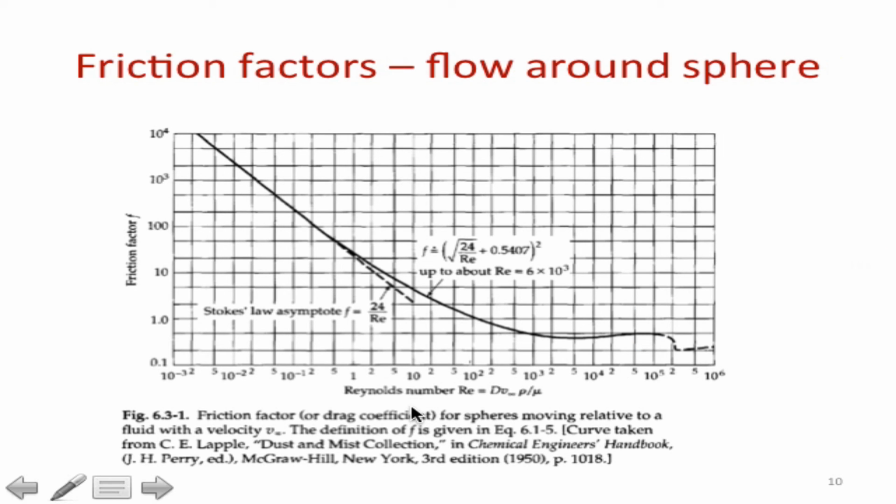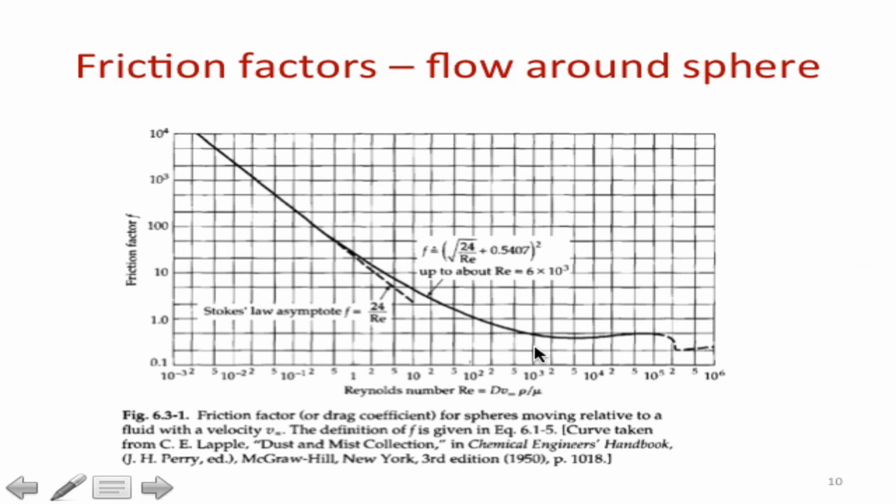So again, we will comment on this a little more, but basically this is the part where we have very small Reynolds number, and actually up to 1, it's just fine to assume that same formula, 24 divided by Reynolds. And then after that, you have a different relationship with the Reynolds number.